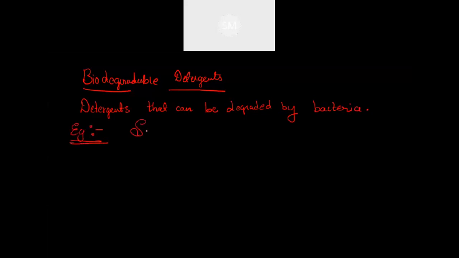Like biodegradable polymers, which I have told you can be degraded by biological activity and contain the same functional group as the biopolymer, these are detergents that can be degraded by bacteria. Those are biodegradable detergents. An example is sodium lauryl sulfate. One example is enough for you to keep in mind.